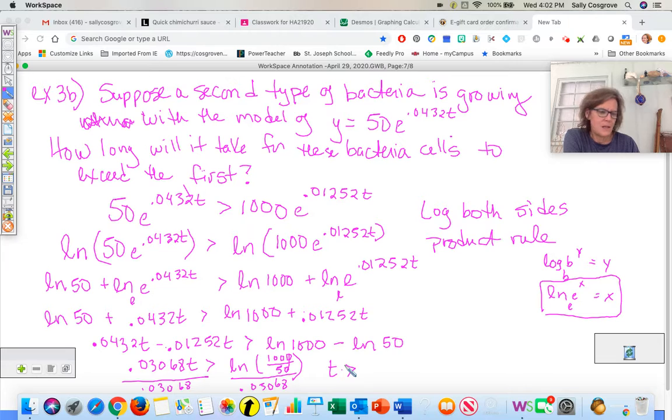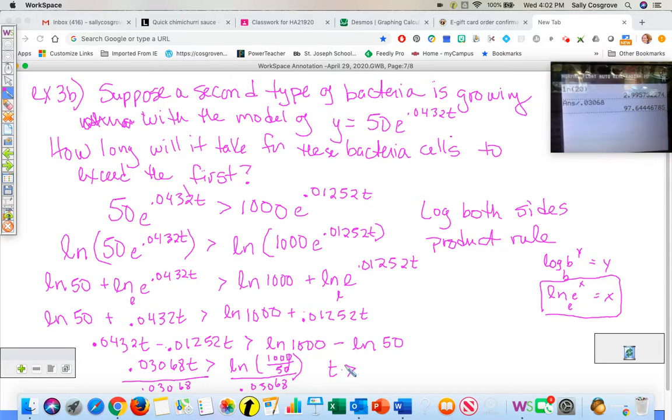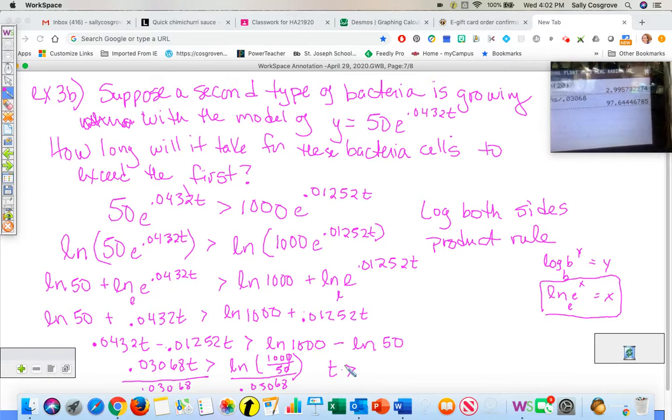Divided by 0.03068. So you don't round that, right? You just hit divided by, or second answer or whatever. And there it is, 97.644.